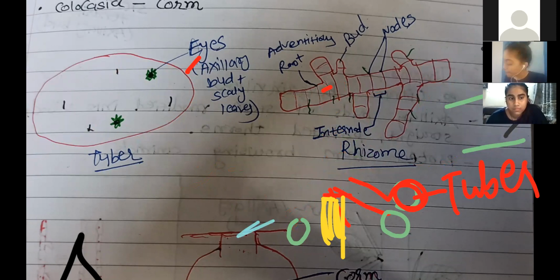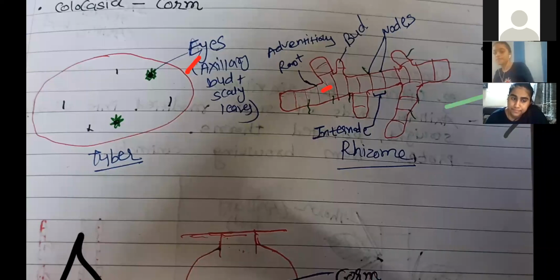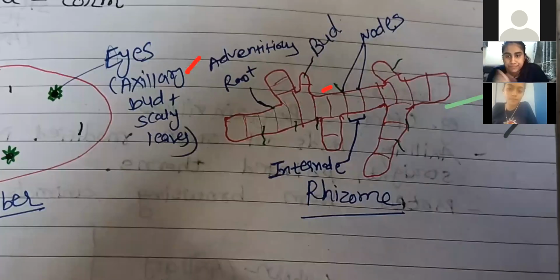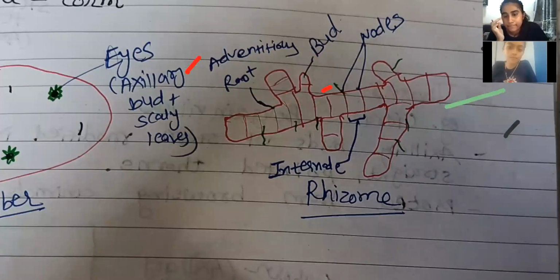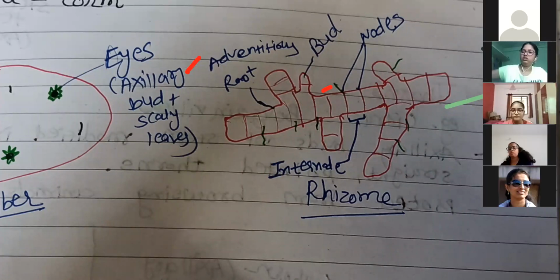Next thing, in that, ginger. If you have fresh ginger, then you can easily see on the ginger, suppose this is the ginger, on which this type of demarcations are there.